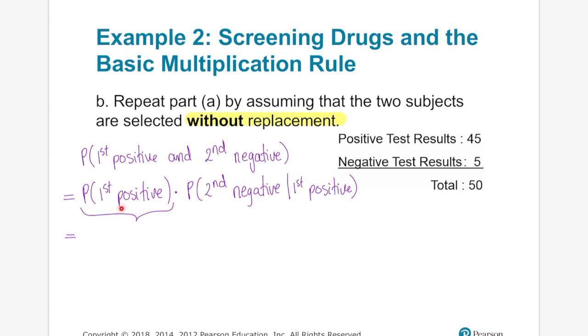The probability of the first person getting a positive test result is 45 out of 50. Now, because we are selecting without replacement, that means after I select the first person, he's gone. That means I only have 44 left here because the first person was selected. That means my total is 49.